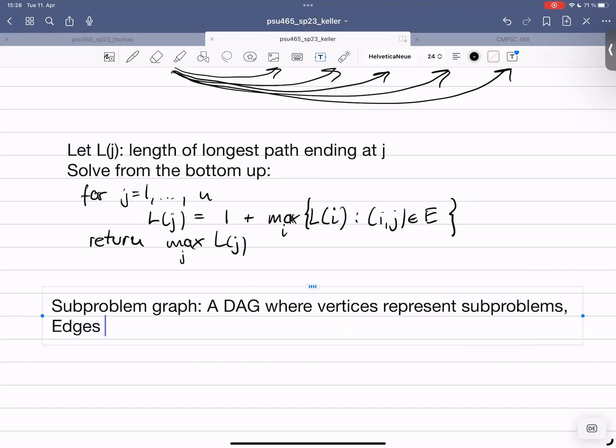We have edges x, y, which will indicate that an optimal solution for x will require you to first solve the subproblem corresponding to y.